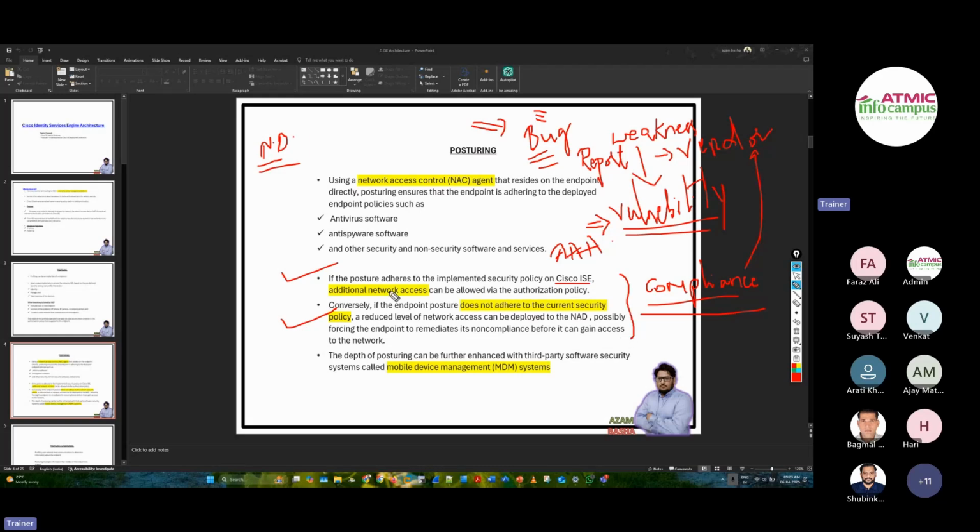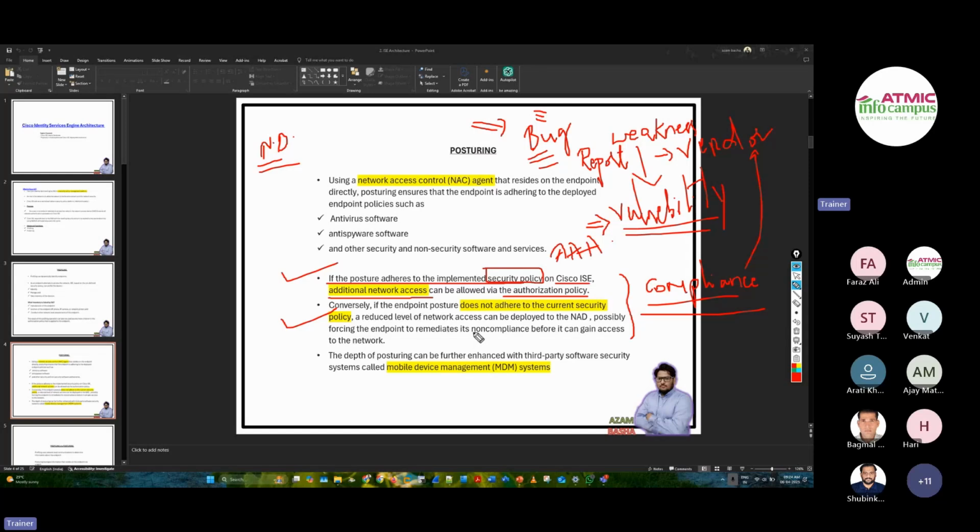The first point says if the posture adheres to the implemented security policy on Cisco ISE, additional network access can be allowed via the authorization policy. If the device is adhering to the implemented security policy, the next level of access can be given to the device.